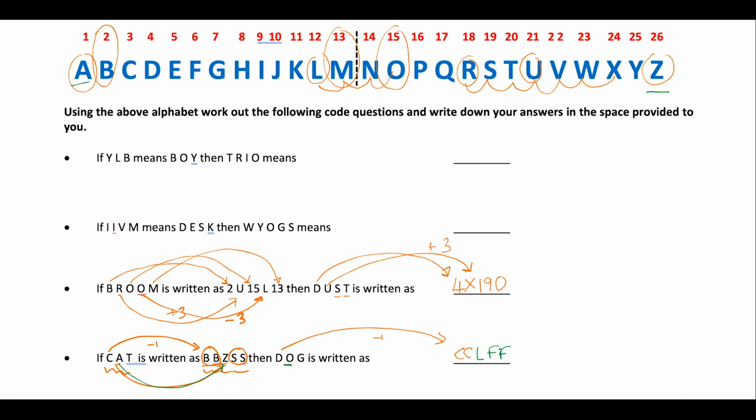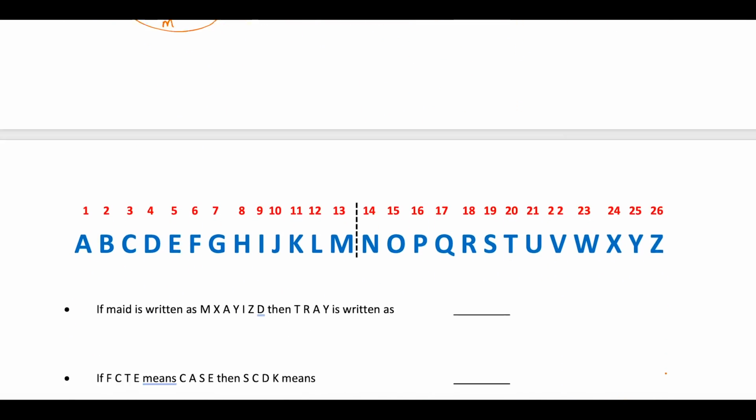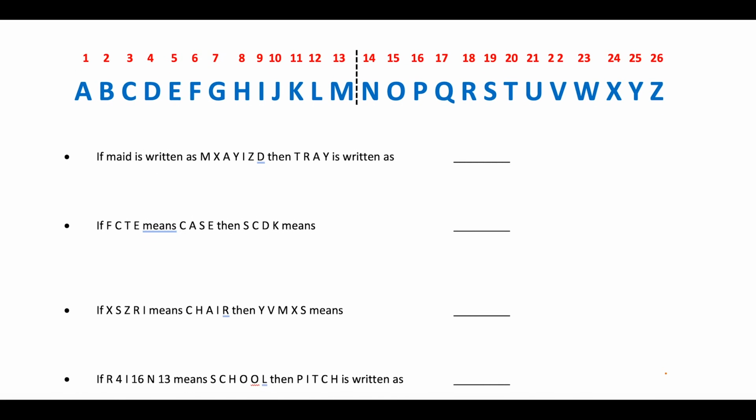Okay, all right, so let's move on to the next page. Some more questions. Hopefully you're getting the hang of this now. You're starting to understand how we're applying these patterns. Again, here you can see made. If you look clearly, you'll see M, A, I, D. So the made is already there. So T, space R, space A, space Y. There's our letters.